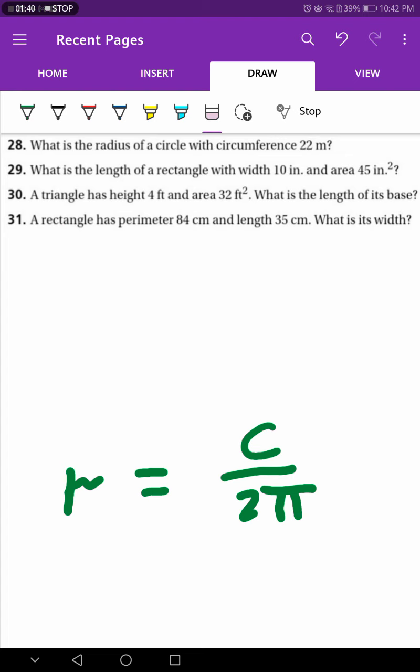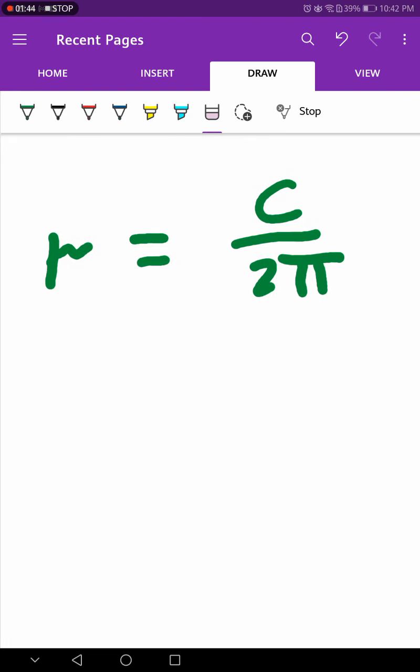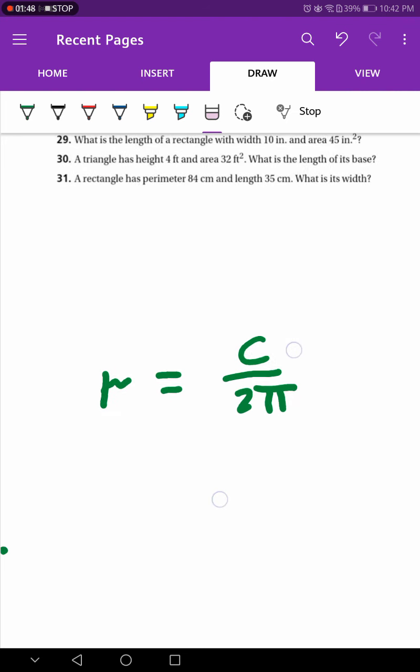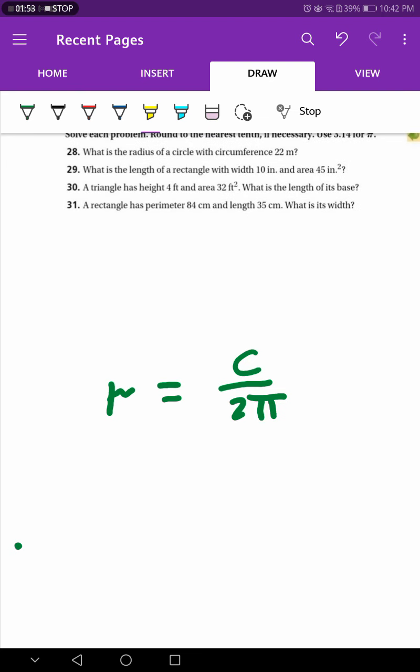All the time? Yes. So if you want to solve any question and he asks you about the radius of a circle and the circumference is given, you just divide it by 2 pi.